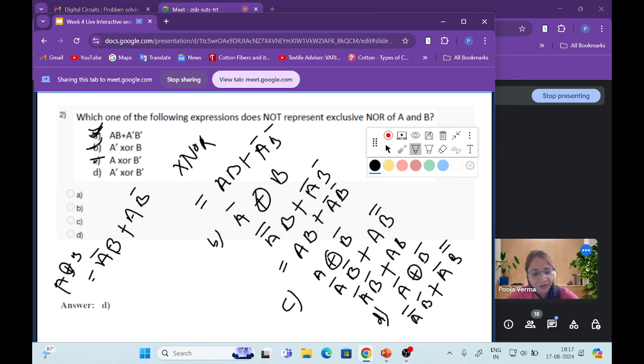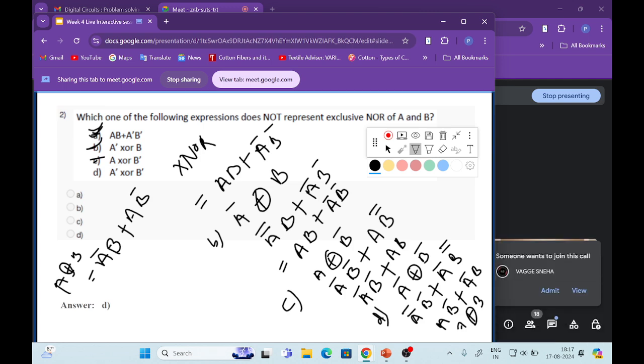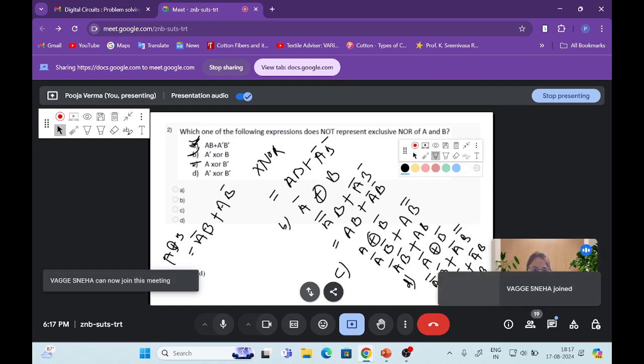A double dash will be A only, so A B dash plus A dash B, again the double dash cancels out. So what it is representing is A XOR B. That means option D is not representing the XNOR gate.